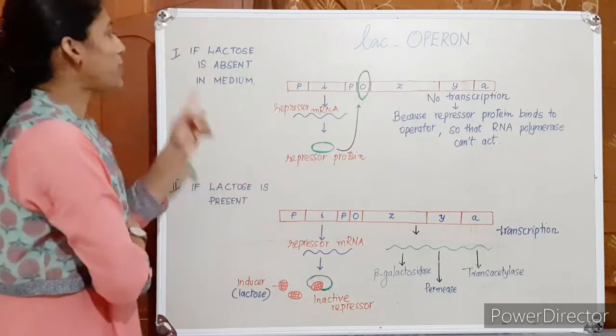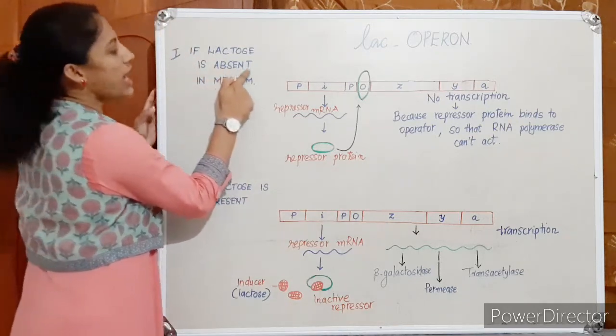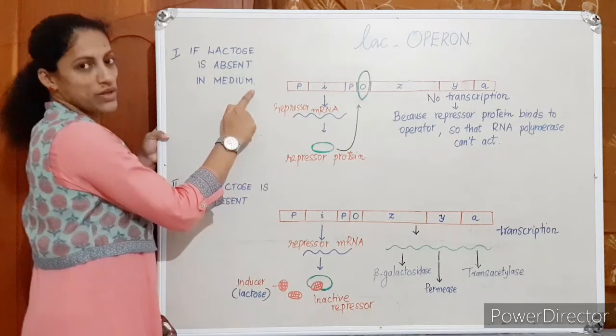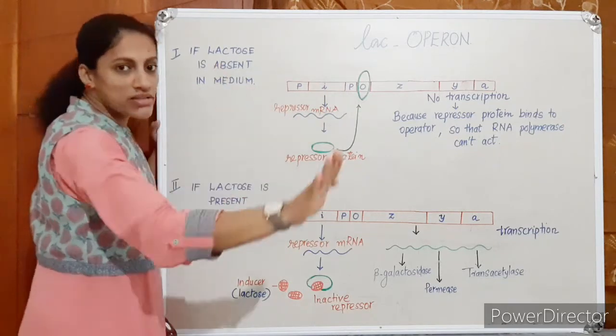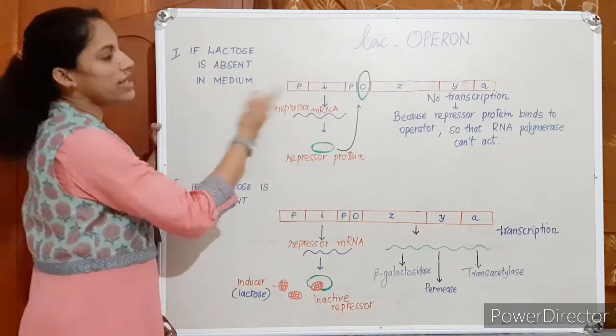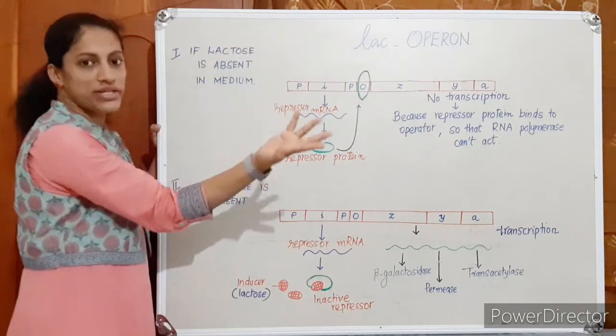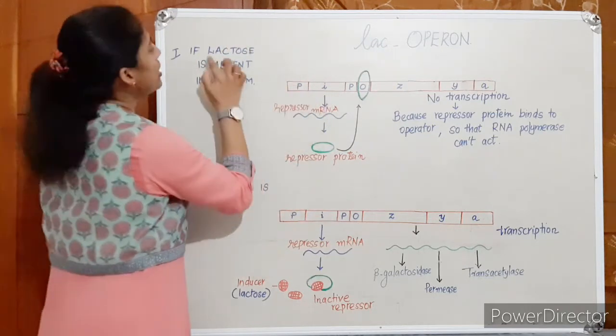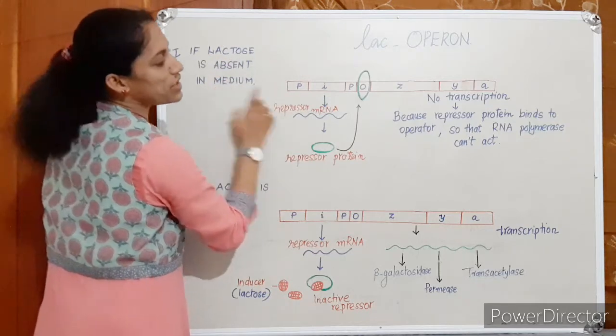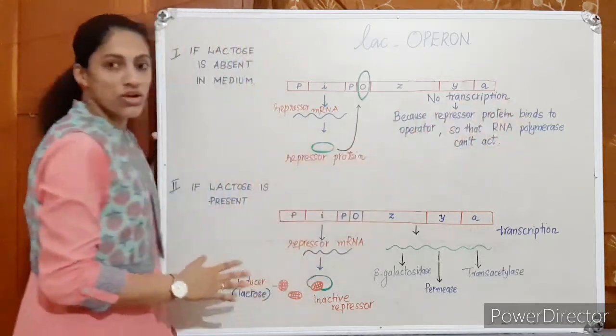So understand 2 cases. If lactose is absent in the medium, the transcription is not necessary. Why? This enzyme production is not necessary because lactose is not available, no need for its breakdown. So if lactose is absent in the medium, no transcription occurs.